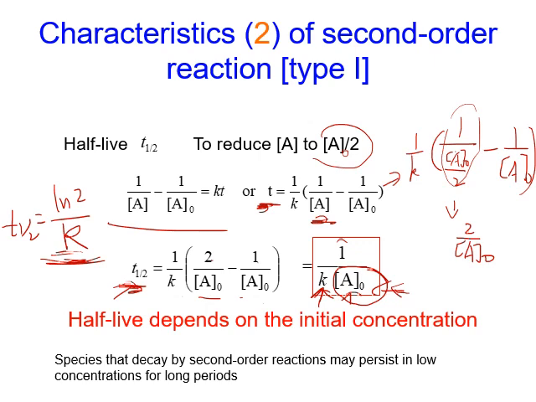For second order, the half-life is inversely proportional to the initial concentration. So if you start with a concentrated solution, this is a large number, then it takes a shorter time to consume half of it. And later, when the concentration becomes dilute, becomes smaller, then it takes a longer time to consume half of the initial concentration.